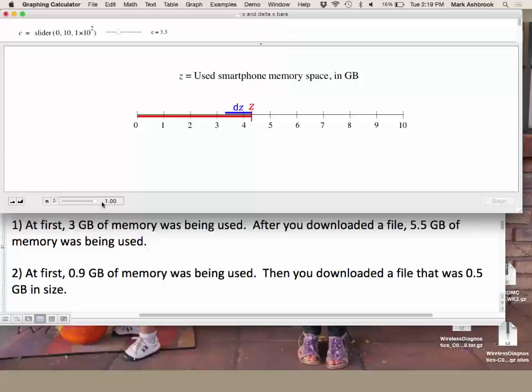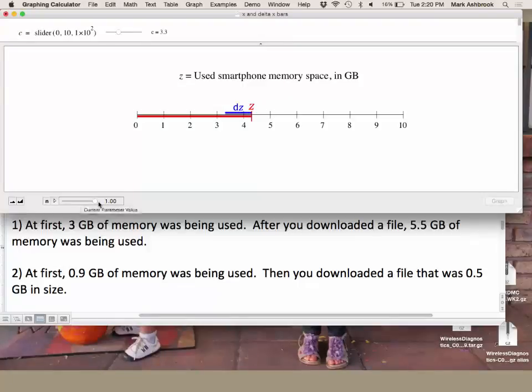Ready? Here's the next one. At first, there was 4.3 gigabytes. Is that the blue bar or the red bar? Red bar, showing the current amount of space used, is 4.3. What happened? You delete a file, and the size of that file we deleted was 1. Go. Finish that problem.